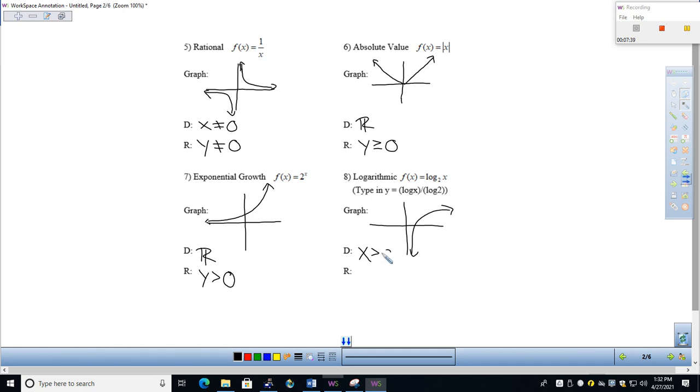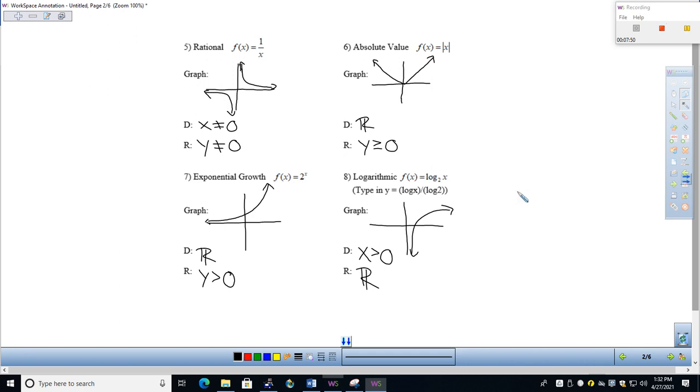And for the domain, everybody, because it has a vertical asymptote on that y-axis, the graph is only to the right of the y-axis, so greater than 0. But the range, if I think vertically, it's going down forever and ever and ever, and it's going up, although it's plateauing, but it is continuing to rise forever and ever and ever. So all real numbers on the range.